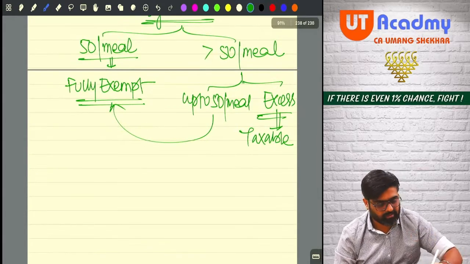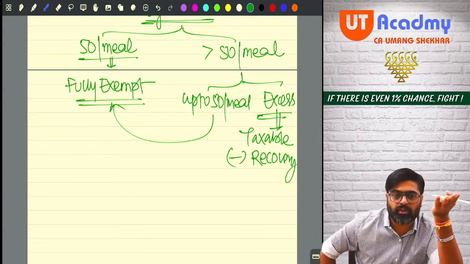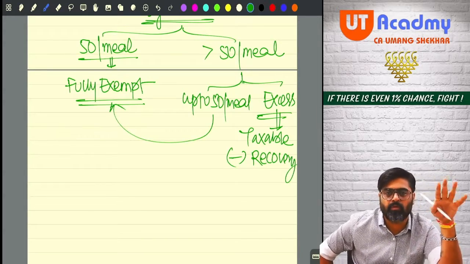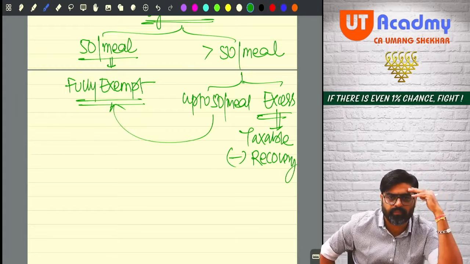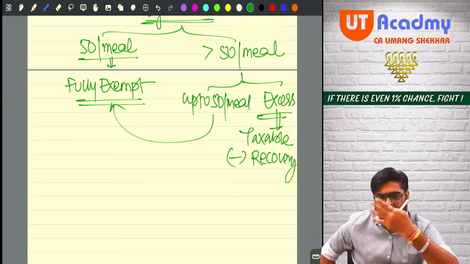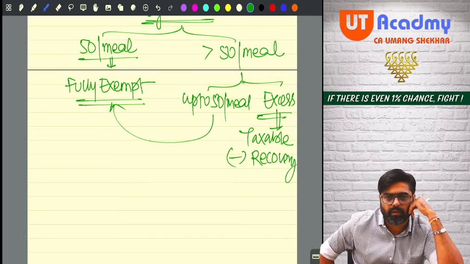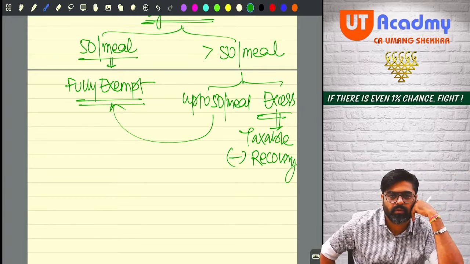But out of that excess amount, reduce the recovery, because there is a possibility that a meal is provided to you, the cost of that meal will be 150 rupees, 120 rupees, for example. So how much is the benefit? 120. But out of that 50 is exempt only. So how much excess is there? 70. 70 per meal will be taxable to you.